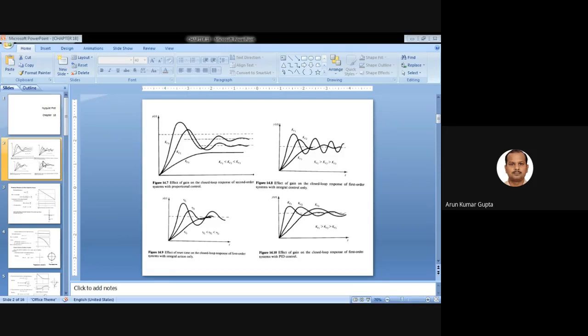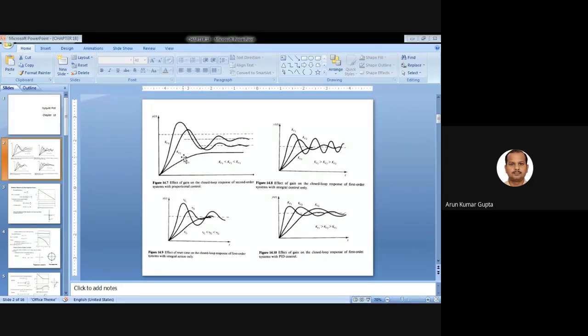So before going into the detail of this Nyquist plot, I want to remind you about some different control characteristics. These we have not seen in Coughanowr. That's why I have given the figure number also. This is 14.7. So you can at least take this message, or you can see a particular topic in the Stephanopoulos book. This is basically a second order system with a proportional controller.